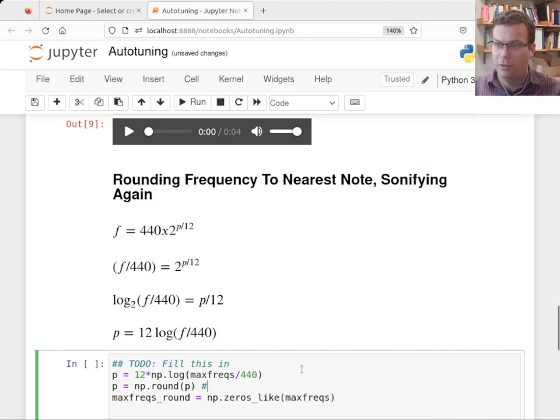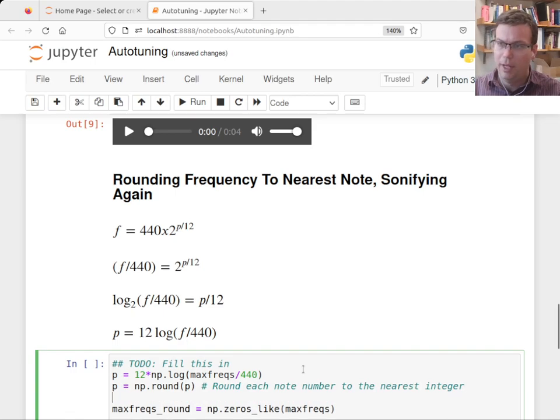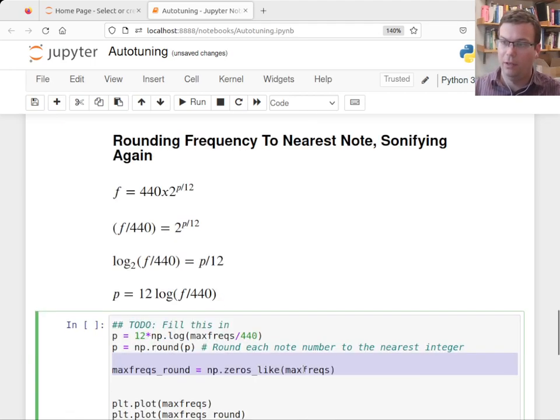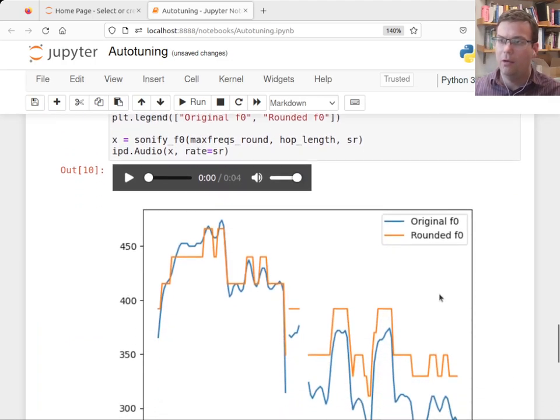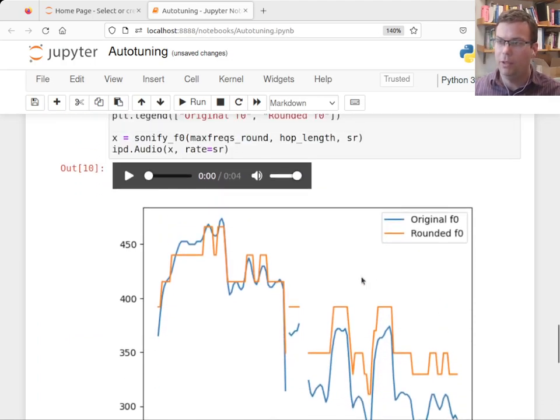So round each note number to the nearest integer. Now I have to go back and say, all right, let's make the max frequencies rounded to be, I'm just going to apply the original formula. So that should be 440 times 2 raised to the p over 12. And now if I plot these both next to each other, we see what we get.